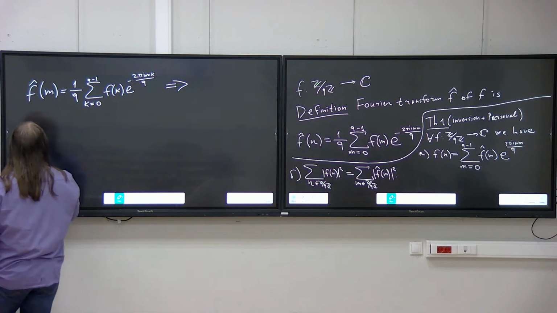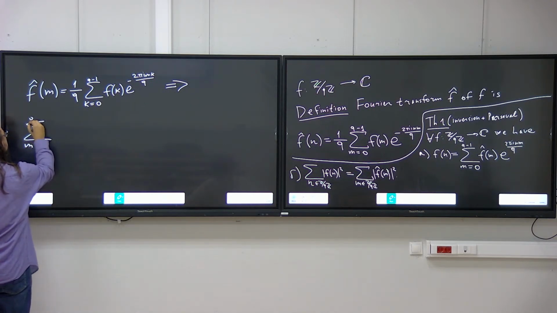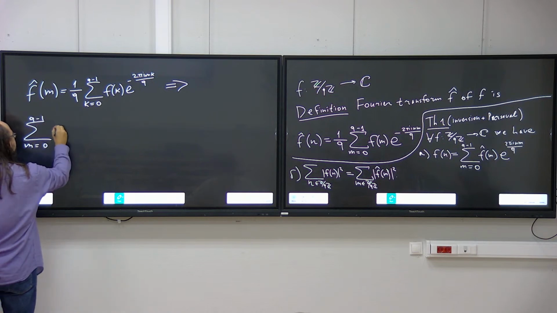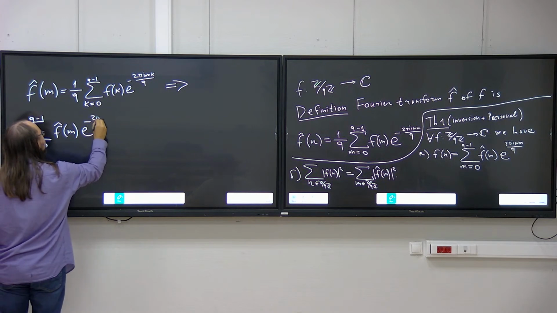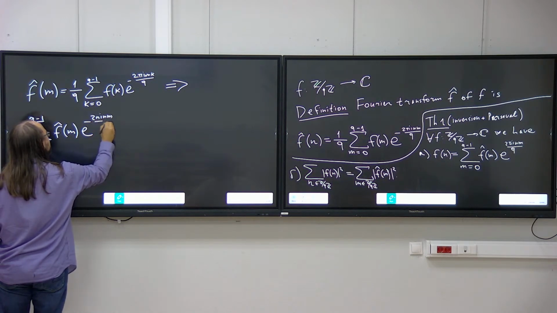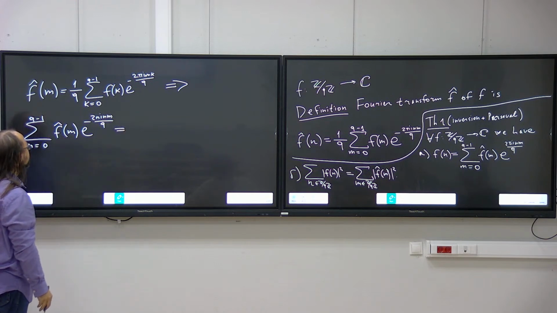So the sum over all m from 0 to q minus 1 of f hat of m multiplied by e to the power 2 pi i n m over q is equal to the following. So we are going to get plus.